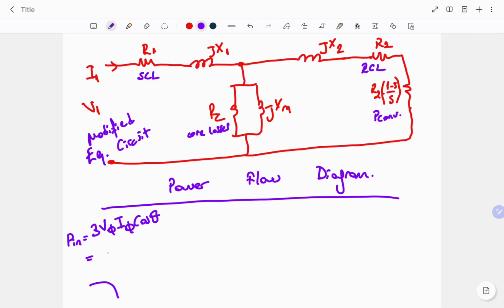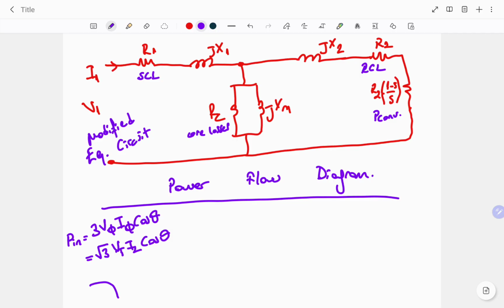Or if we know the terminal voltage and the line current, in that case, square root 3 V terminal, IL, and cosine theta also can be used. So this is the input power. According to specifications of the machine, this amount of power will be applied to the system, applied to the motor.